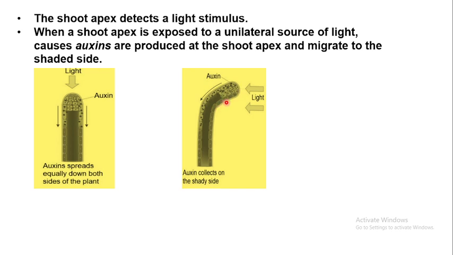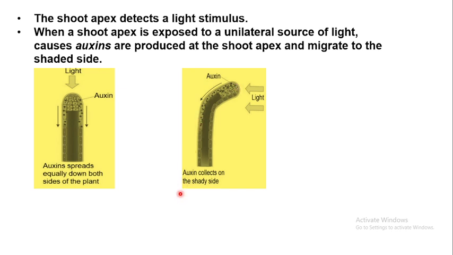This side, remember, has fewer auxins compared to this side. So the many auxins found on this side will cause the plant shoot to grow faster only on one side. And the result is that it is going to cause the plant to bend. It will bend towards the source of light, which is what we call phototropism.